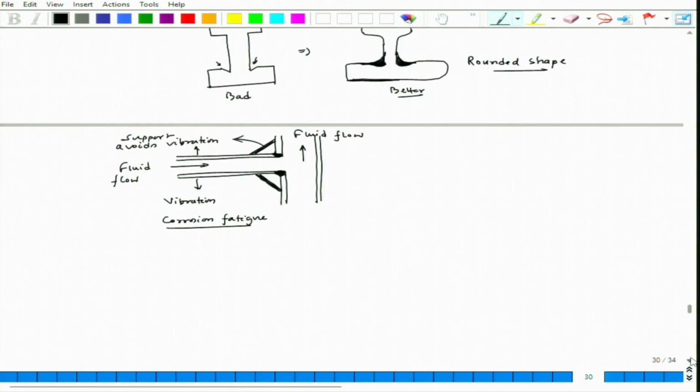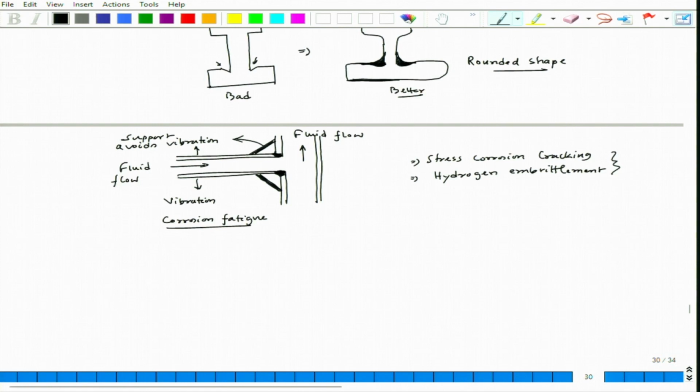Now, stress can also lead to several other effects like stress corrosion cracking, or hydrogen embrittlement. So, these two effects we will talk about when we talk about materials.